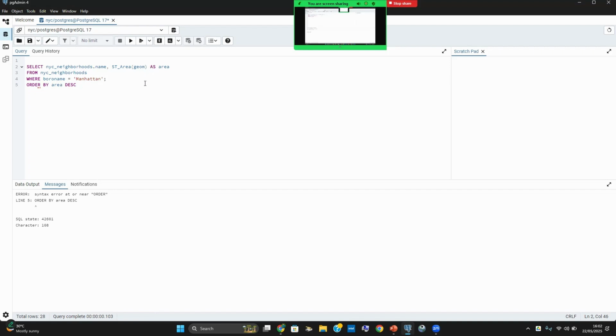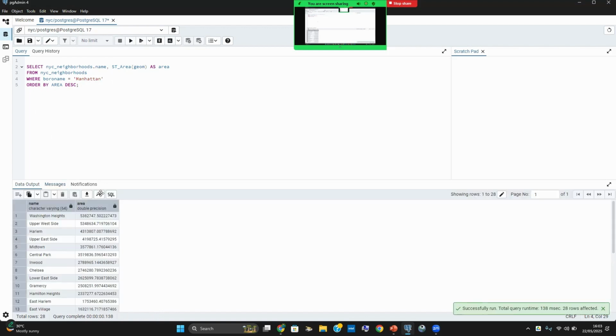Am I missing something here? Line 5, it's saying. That should not be it. It should be running.